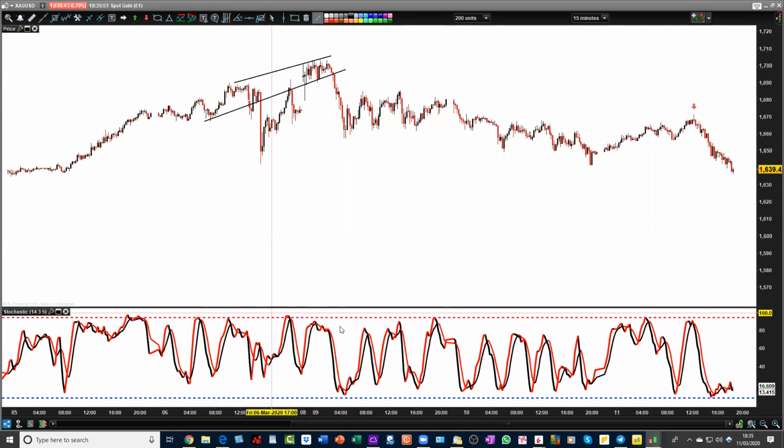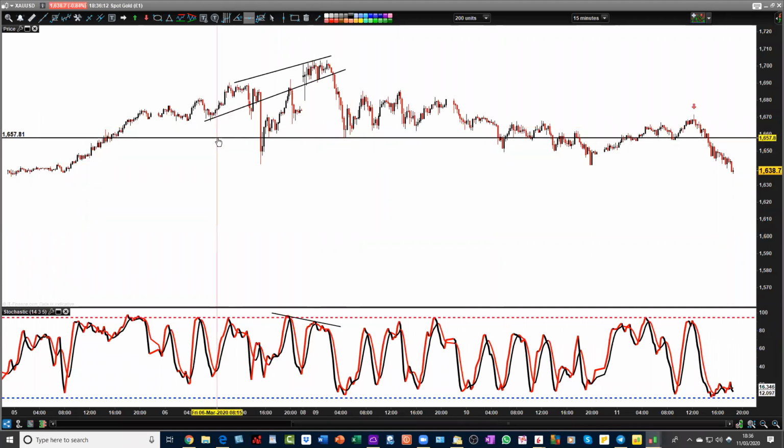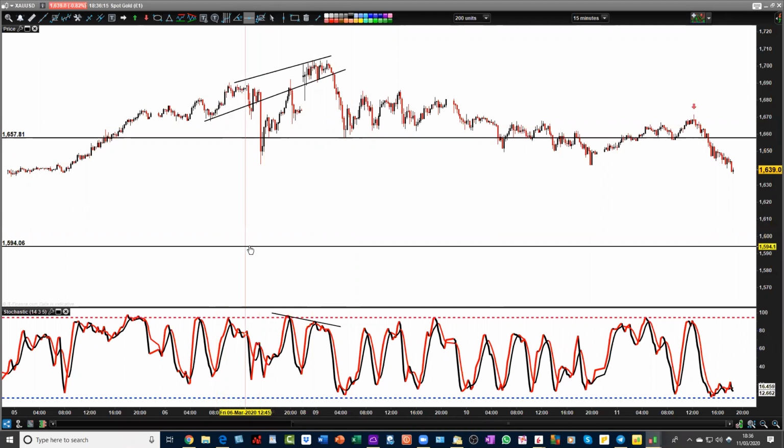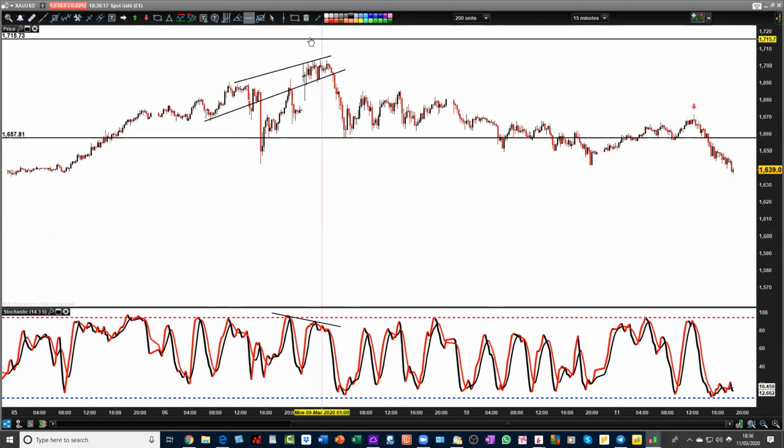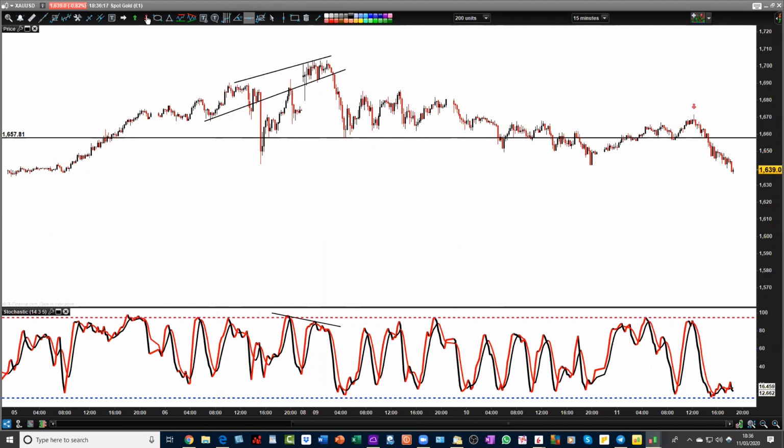So stochastics was making a lower high when the gold was making a higher high. 3 tests of that. If you're going to short it, short as high as you possibly can, and then take it off on support. A lot of support down there at 1757. So that was one way you could trade that.